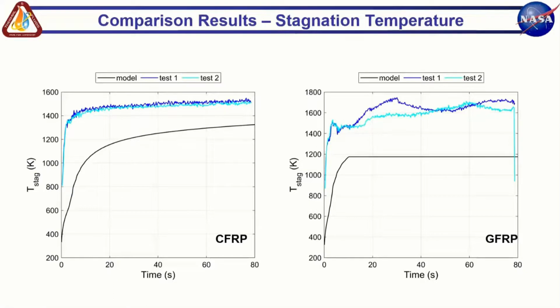So these are some comparisons of the stagnation temperature between the model and the tests. In both cases, the model predicts a temperature about a couple hundred degrees Kelvin too low, and we're not sure if this is a problem with our emissivity assumptions or our material properties.